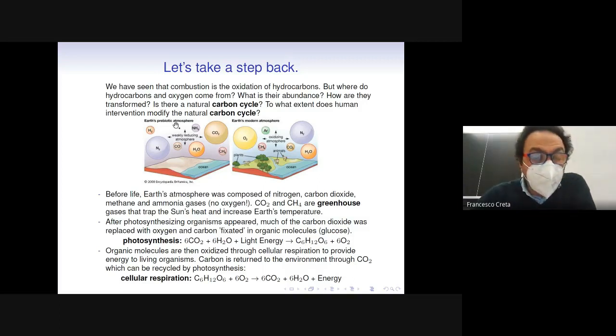Now, if you look at this picture, here you have essentially 2 atmospheres. One is a primordial atmosphere, okay? And this was an atmosphere in the so-called prebiotic age where there was no life.